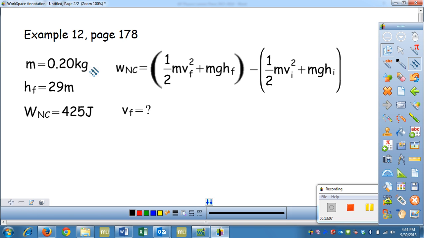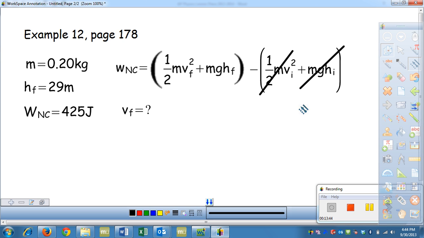V initial is 0, so I'm going to cross out things that are 0. H initial is 0, right? Because after all, it starts out not at any height. So really, the work is just equal to 1/2 mv final squared plus mgh final. And we know everything there but V final.